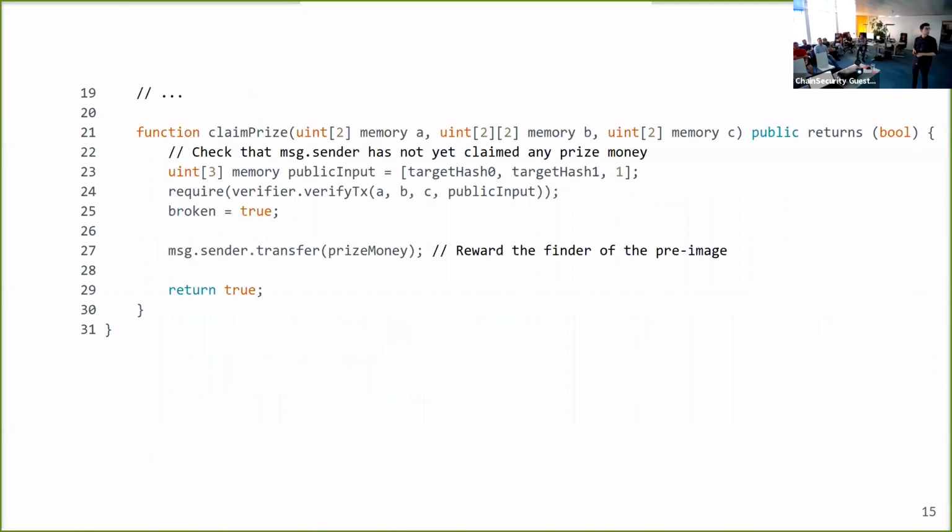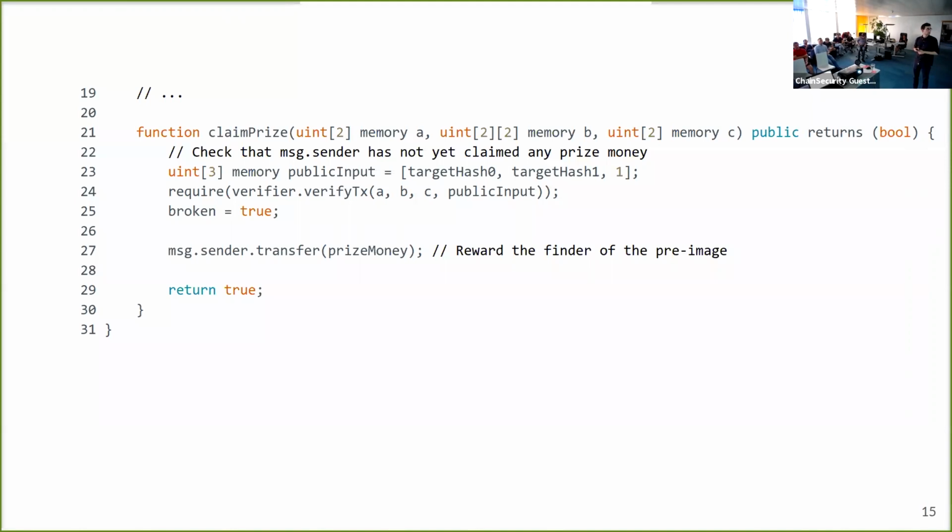Then we have our claim prize function, and the arguments it gets now is no longer the pre-image, it is a proof, so A, B, and C. And similarly, we would first check, okay, this message sender has not yet claimed any prize money. We would build our public input, and the public input are exactly the target hash, and the last element here, which you can see, is this 1. So the proof would verify that, okay, actually, this has executed to 1.